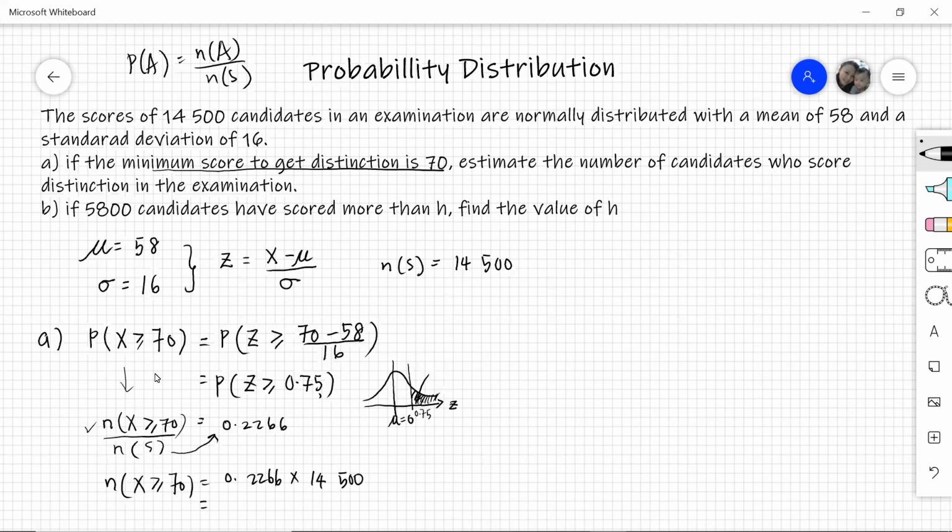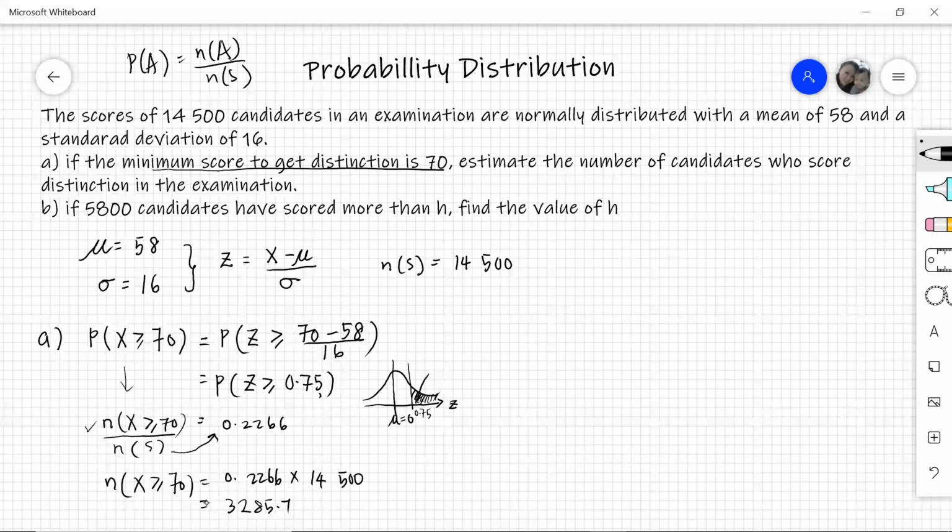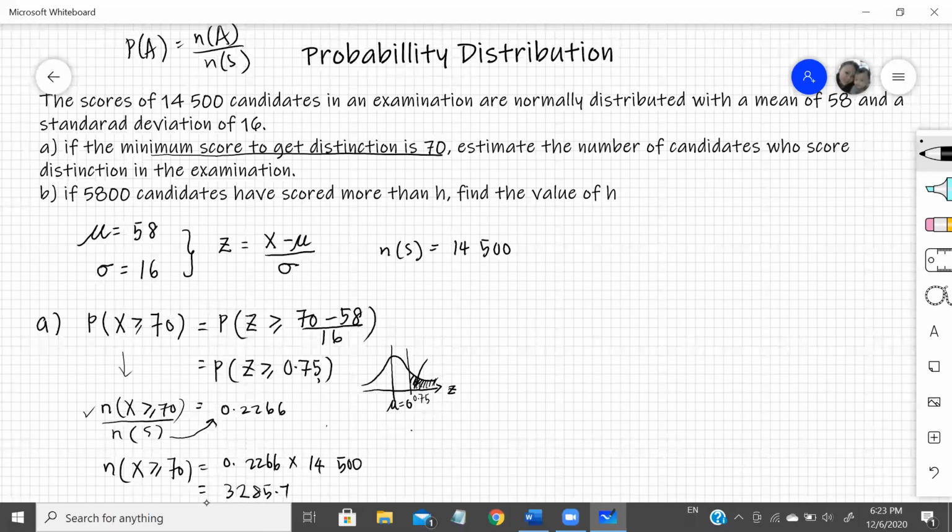With the calculator, we get 3,285.7. Of course, we do not have 0.7 of a human, 0.7 candidates. So what do we do? We round it up. We will have 3,286 candidates. So this will be the answer for A.